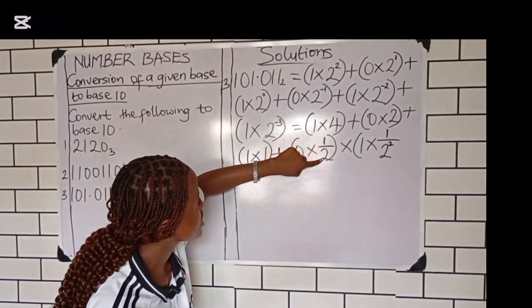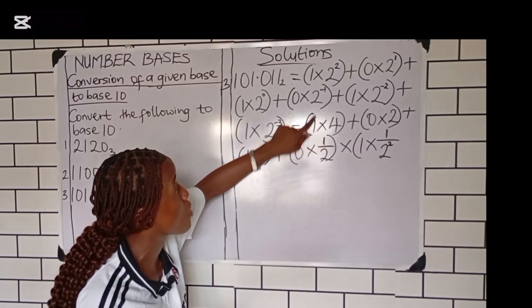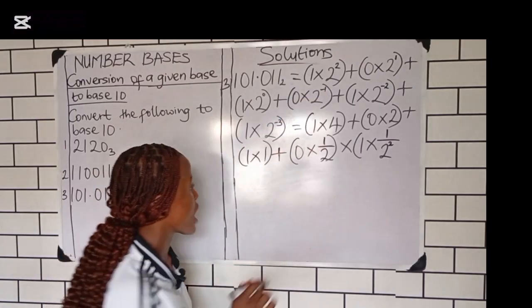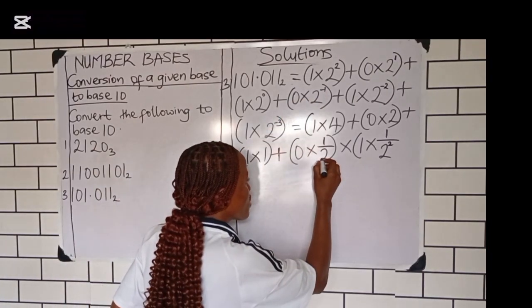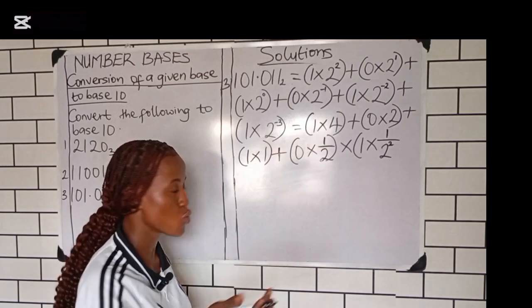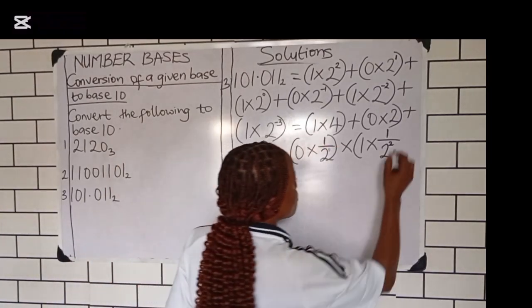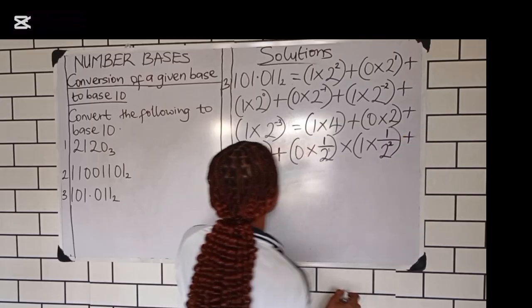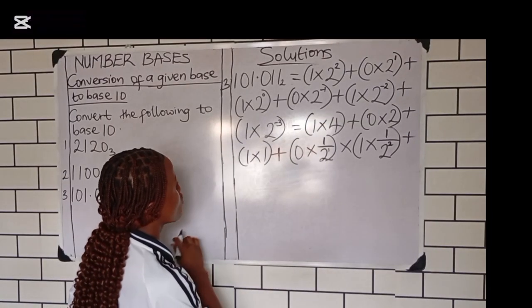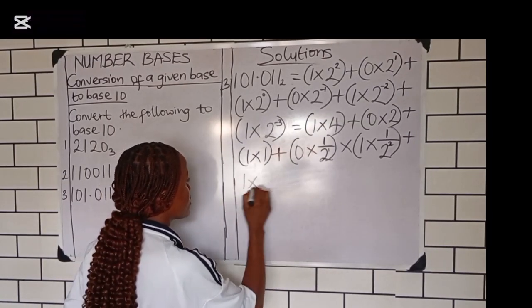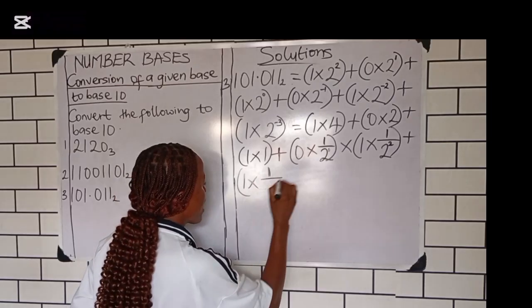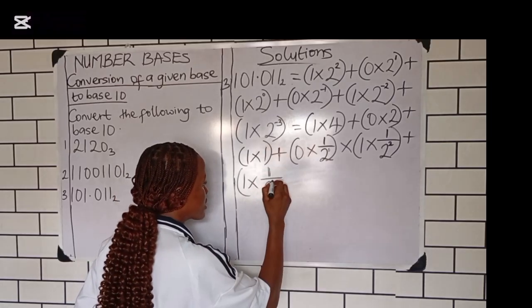Then this 2 here is supposed to be 2 raised to power 1. I did not put the 1 because 2 raised to power 1 is the same thing as 2, but if you like, I can still put the 1. Now close your brackets plus, the next one here is 1 times 1 over 2 raised to power 3.